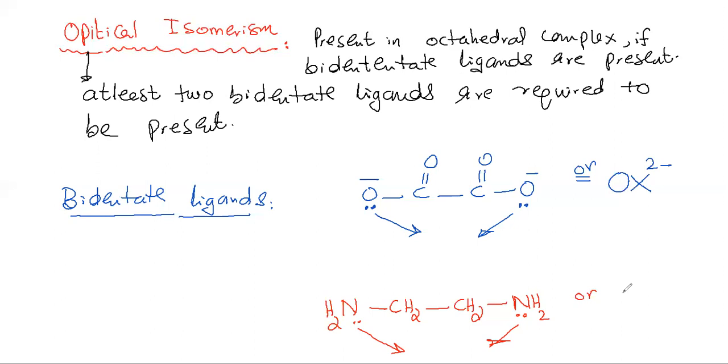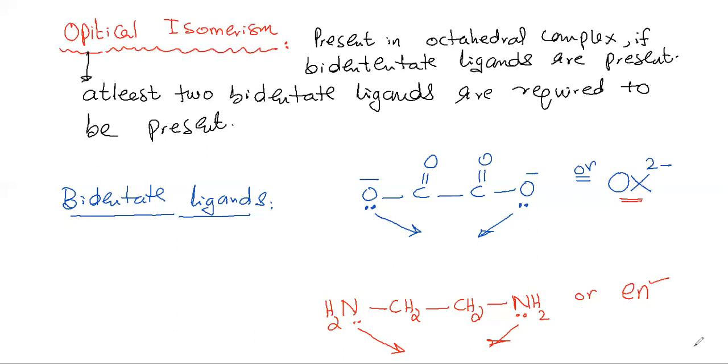This diamine is represented with En, and En is neutral, not charged. OX is di-negative while En is neutral. So you need to know what En means and what OX means.